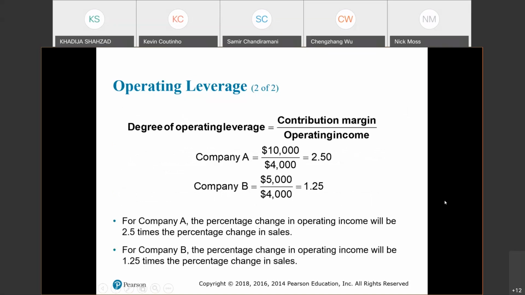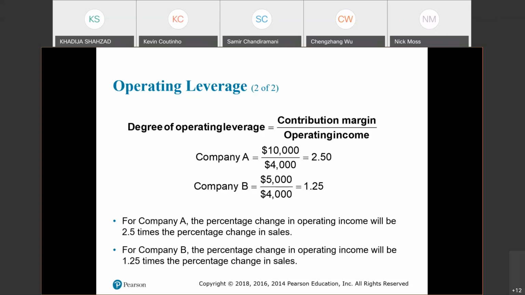Well, for company A, its operating leverage is 2.50, where the operating leverage is calculated as the contribution margin divided by operating income.